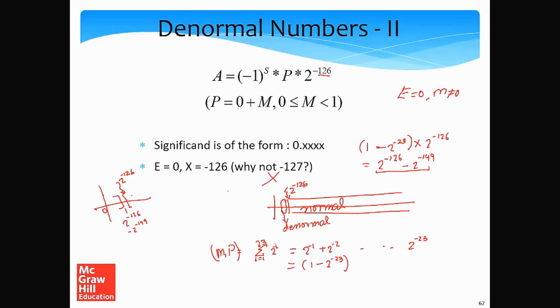So what is the range of the denormal numbers? The smallest positive denormal number would have the mantissa, the last 23rd bit, equal to 1. So it will be 2 to the power minus 23 multiplied with 2 to the power minus 126, which is 2 to the power minus 149.